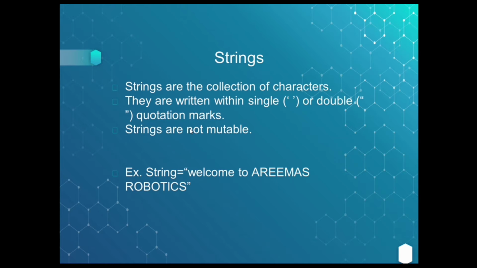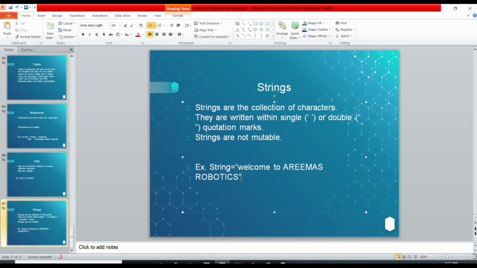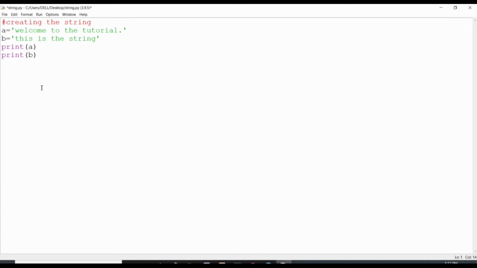So in this video we will be learning how to create a string, string slicing, and some other functions in strings. Let us quickly complete this tutorial. Here I have already written a program which creates a string.